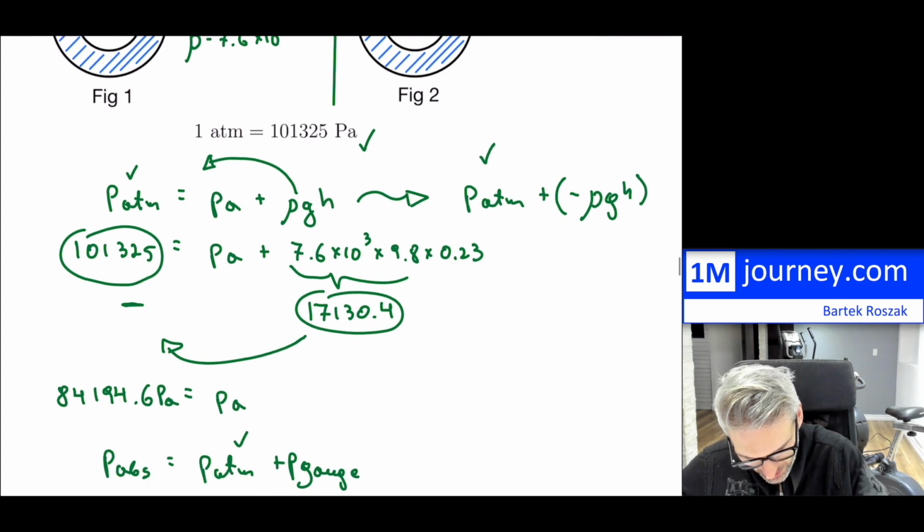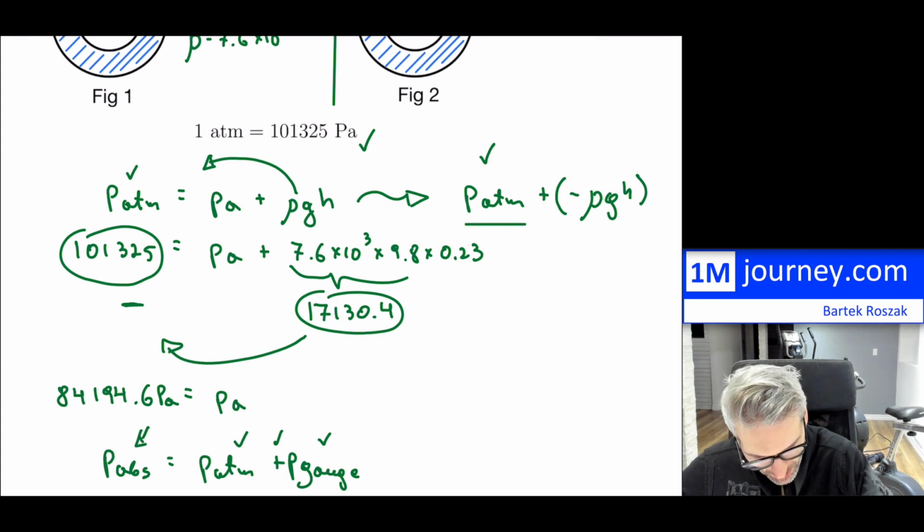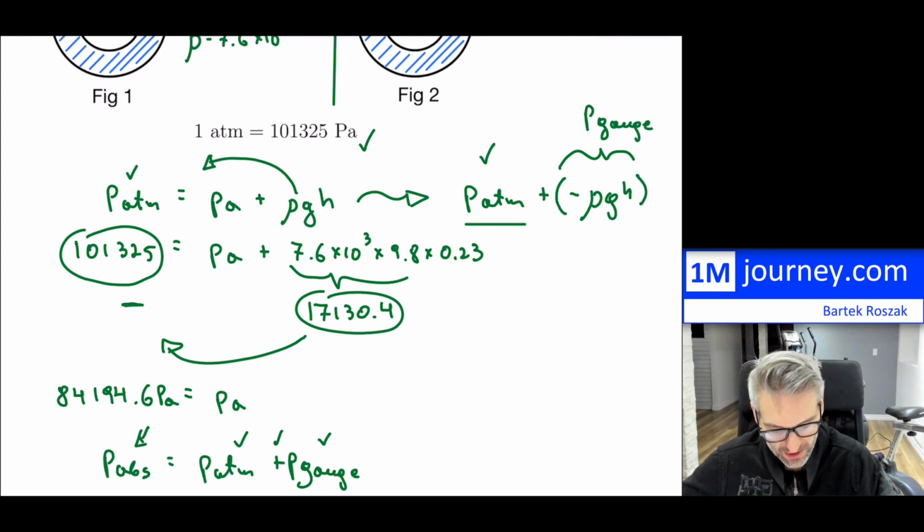So P atmospheric plus whatever your gauge pressure is equal to the absolute pressure. So this is your atmospheric pressure plus whatever this might be, and this means that this is the gauge pressure that you have.